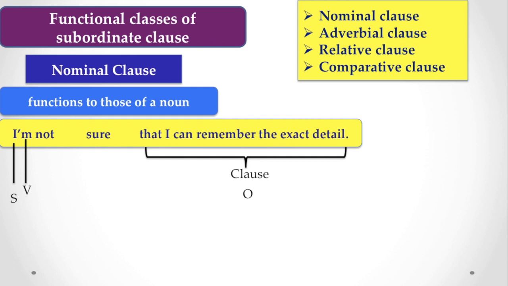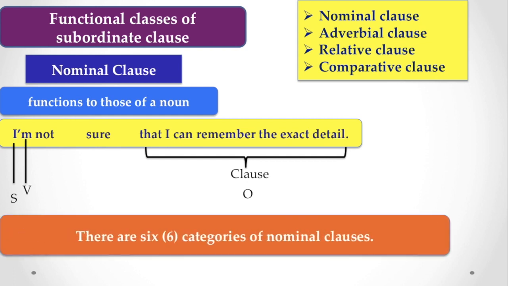Here you find the nominal clause is used in the object part of that sentence, so it performs the function of a noun, so it is called the nominal clause. There are six categories or six types of nominal clauses. In my next video lesson, I am going to discuss these nominal clauses in detail.